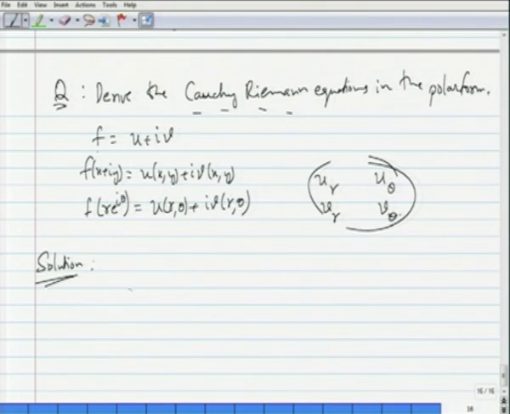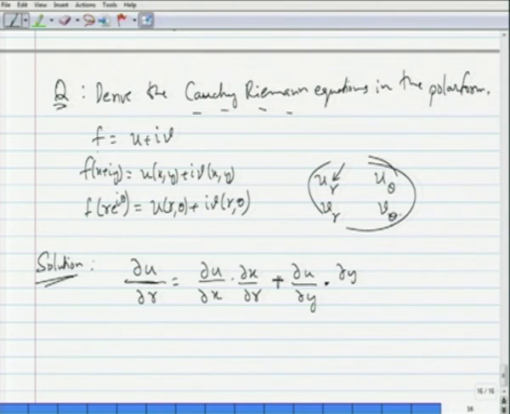Okay. So, we know that dou u by dou r. So, I will use chain rule on partial derivatives. Dou u by dou r, which is u r here, is equal to dou u by dou x times dou x by dou r. u is a function of both x and y. So, this is also plus dou u by dou y times dou y by dou r. Okay.